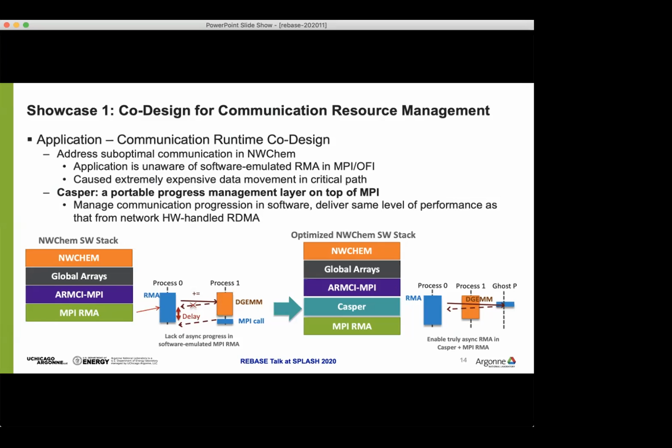That's basically what we do there. It's still software-layer communication progress management, but we see that the performance of this approach is basically similar to what we see if the communication is fully handled by network hardware.